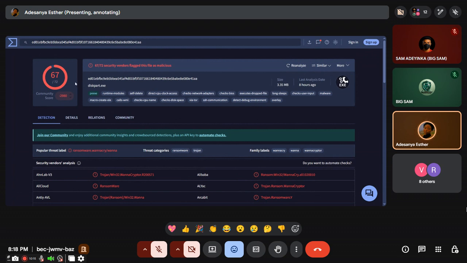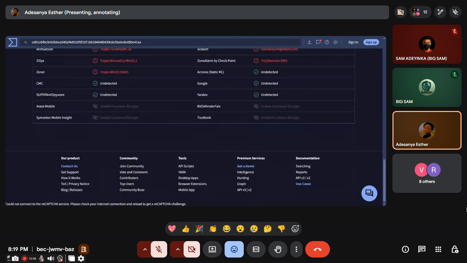67 vendors. I'm sorry, please, I have a question. Whenever this report says 67 out of 72 vendors flag this as malicious, is it that the remaining ones that didn't flag it, the ones that say undetected, were not affected by it, or they don't see it as malicious information, or what?